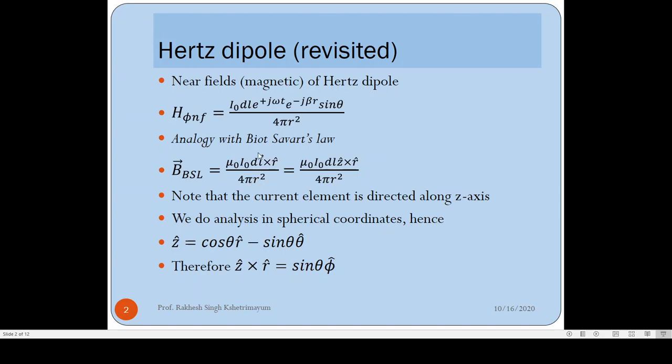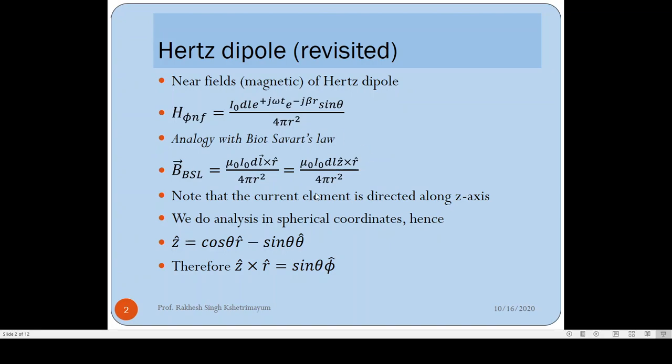This is the expression you have for the magnetic field due to a current carrying element dl, and in our case we have considered the current carrying element along the z-axis. So the vector dl will become just dl z hat, because the direction of current flow is along the z direction.